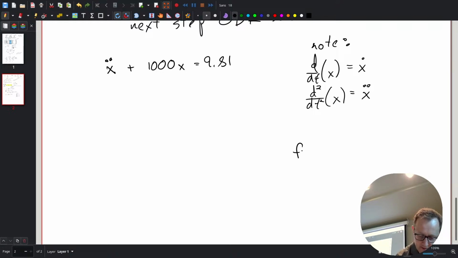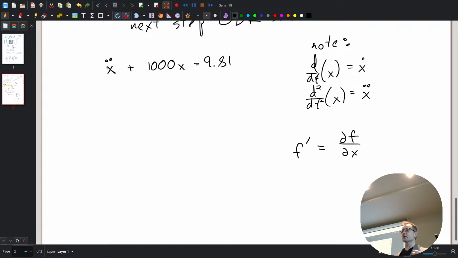A lot of times you might see f prime. Sometimes those primes are df dt. Some people use them as a partial of f with respect to x.